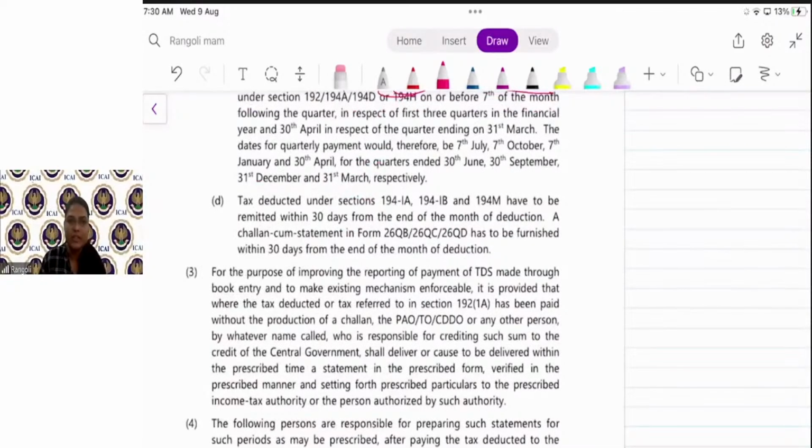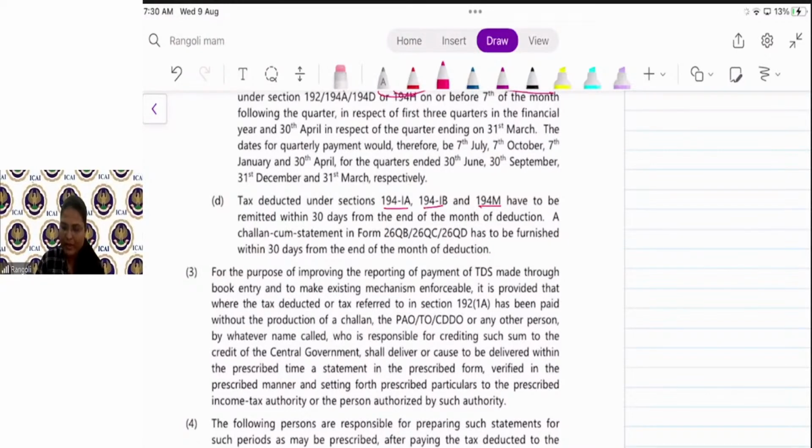We have already studied that under sections 194IA, 194IB and 194N. You need not apply; no need to apply for TAN. You can file the return on the basis of PAN only. You need to file that challan-cum-statement within 30 days from the end of the month in which TDS is deducted, right?